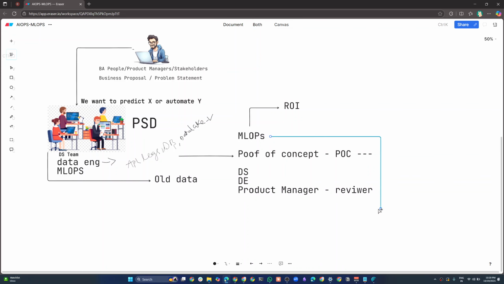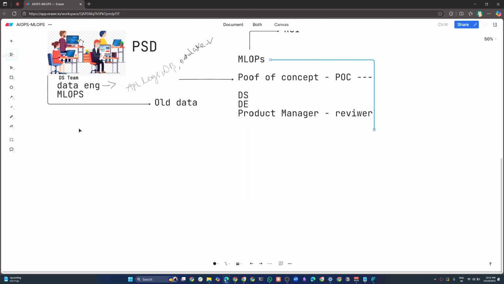Let me get down here. So what are all the things? Data pipelines, meaning from where you have to get the data.